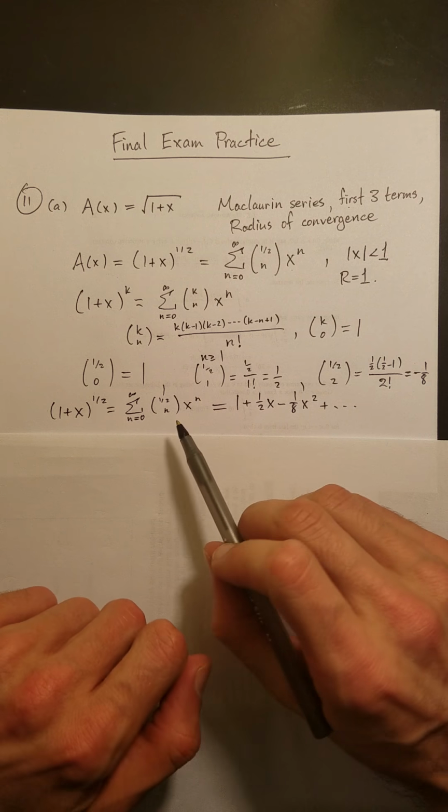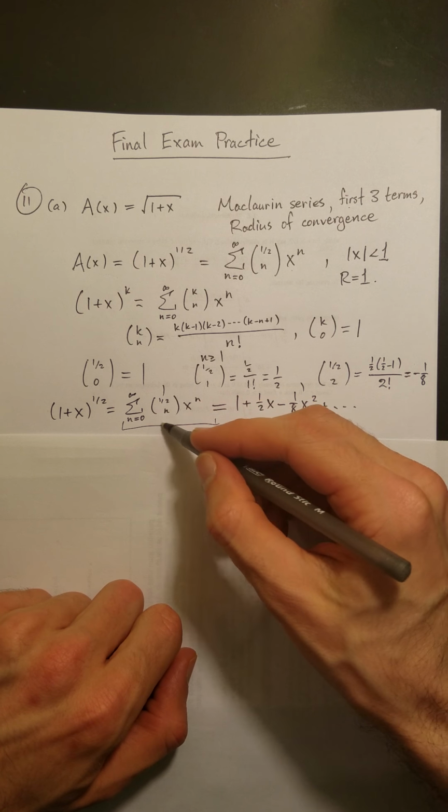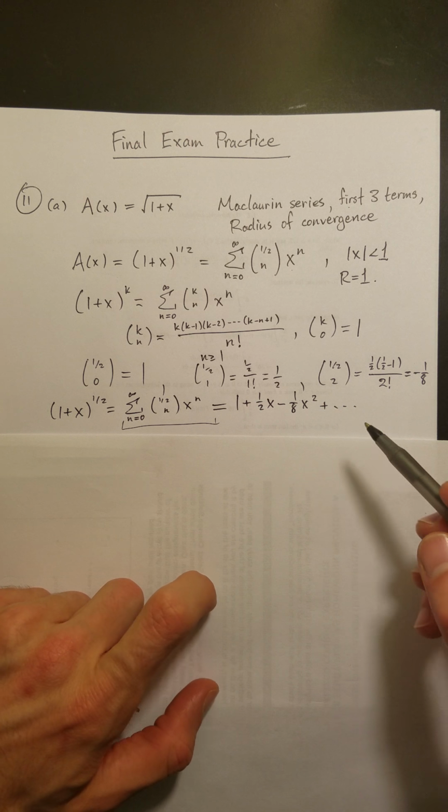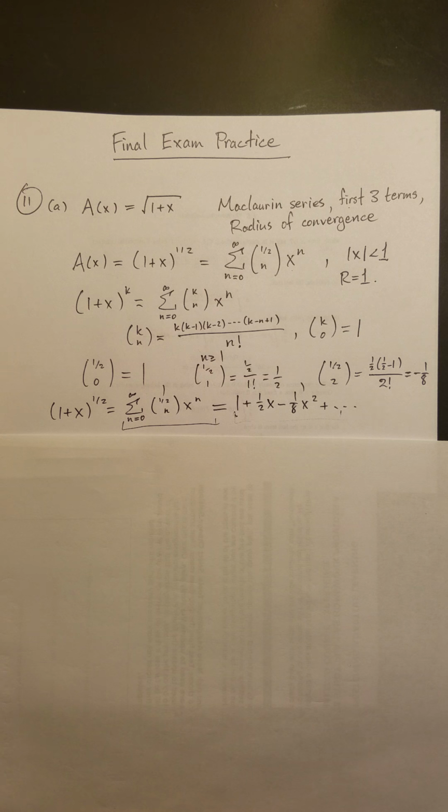But either way, here's our Maclaurin series. For all the general terms, we know the coefficients are just 1/2 choose n, and these are the first three terms of our Maclaurin series. And we said from the beginning that the radius of convergence was equal to 1.